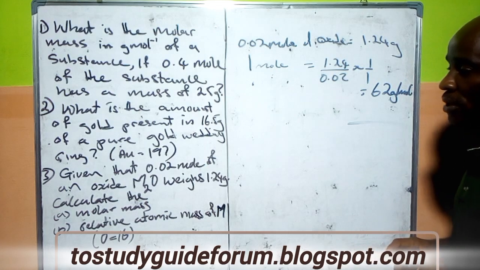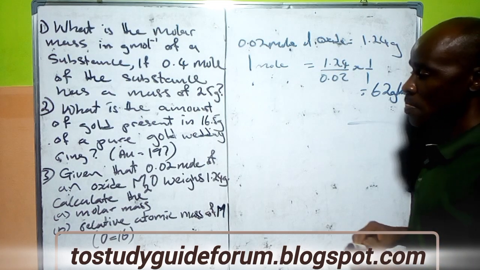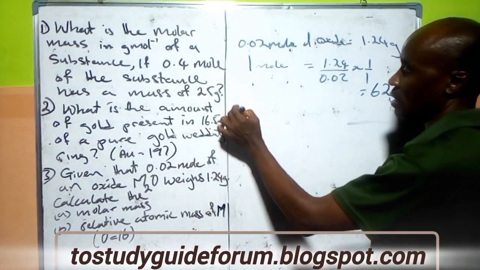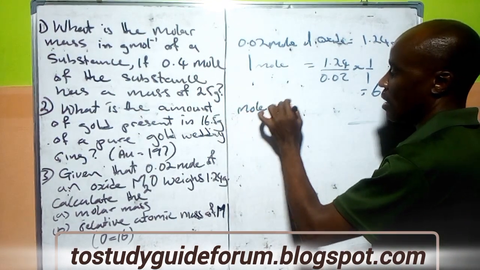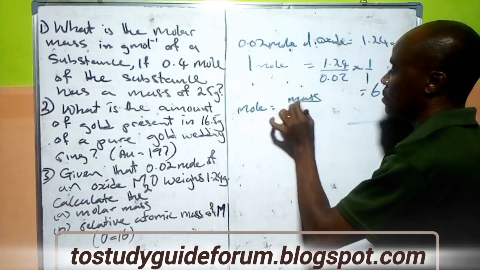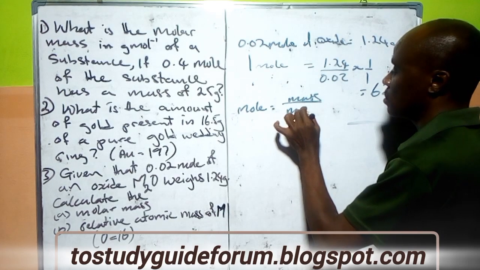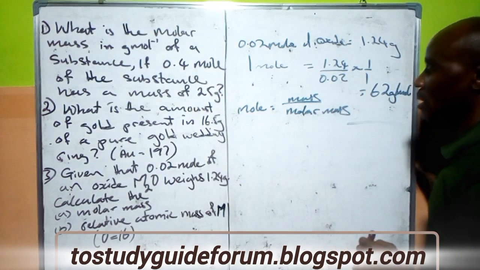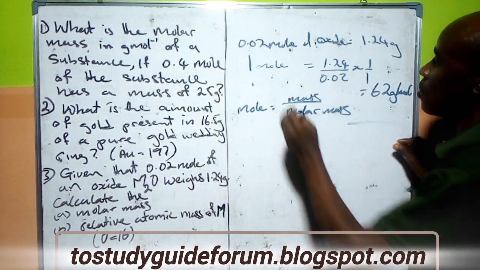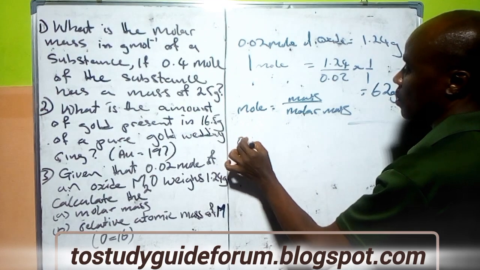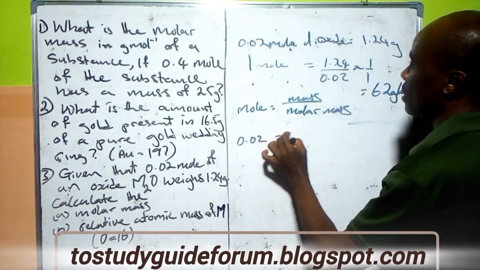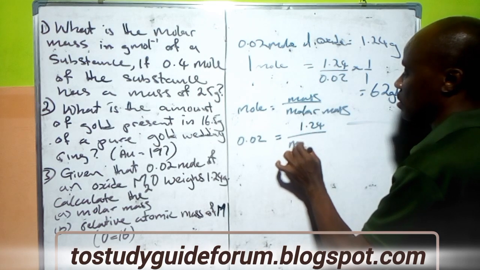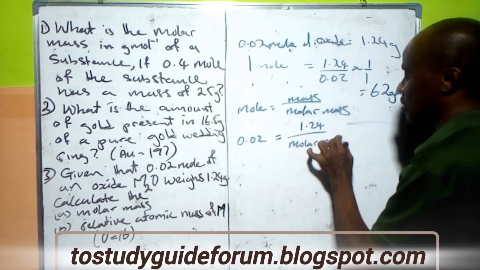Solving by the other method, we can use the molar mass formula: number of moles equals mass over molar mass. The number of moles we have is 0.02, the mass is 1.24, and the molar mass is what we are looking for.